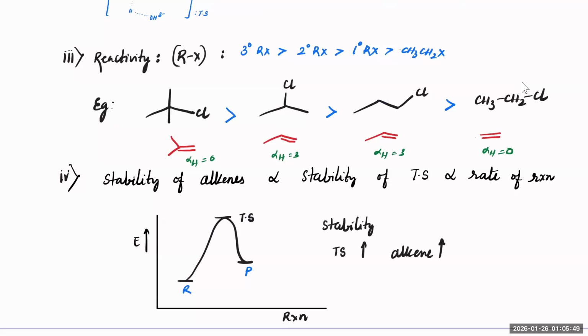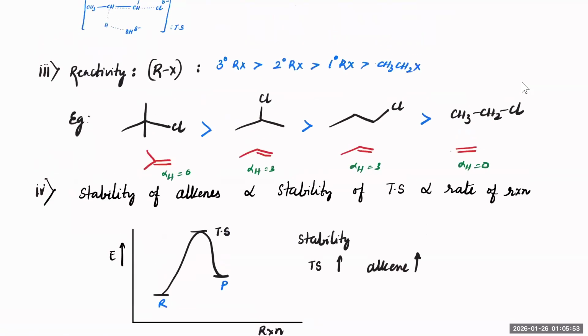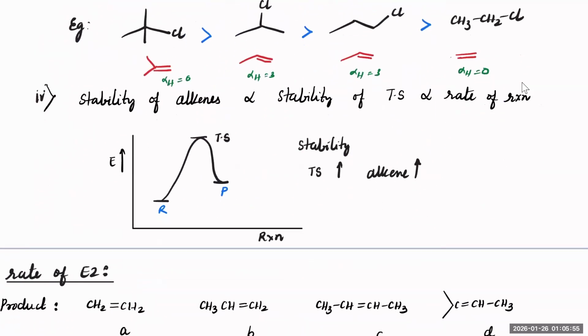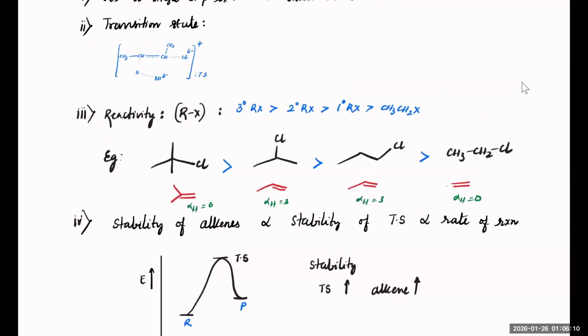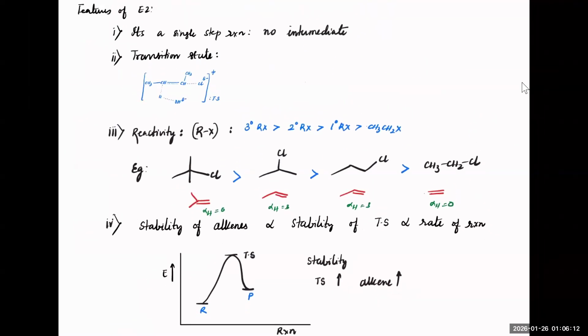Okay, understood how the reactivity works? Because this alkene is more stable, the transition state with respect to that particular product will be more stable. Okay, that particular transition state will be more stable. I guess these points are clear.